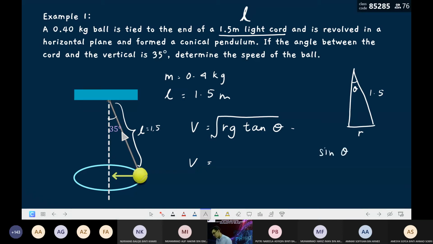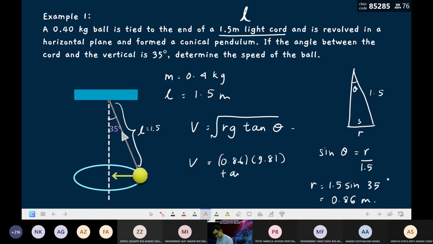Sin theta is equal to opposite, the radius, over hypotenuse, 1.5. So our radius is 1.5 times sin 35. What is the answer? 0.86. 0.86 meter. Then just substitute into the equation 0.86, 9.81, tangent 35.